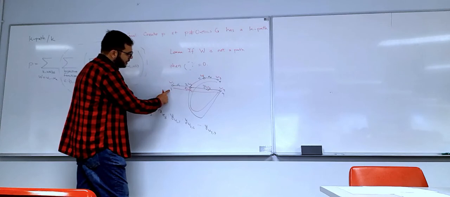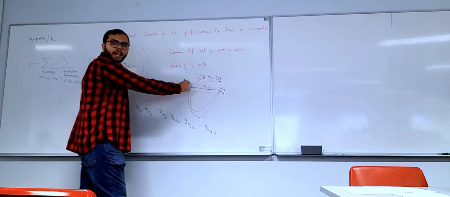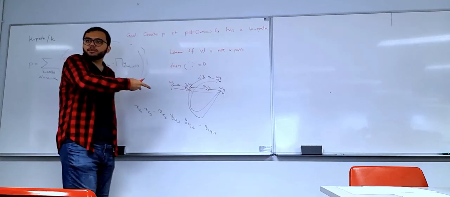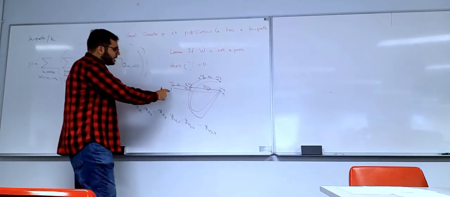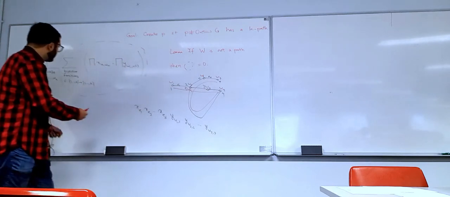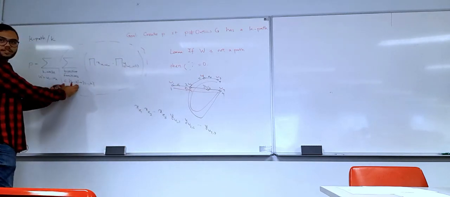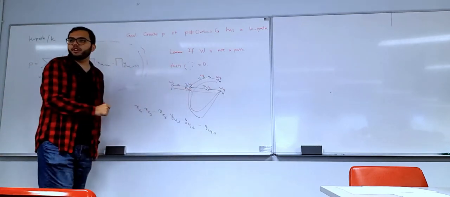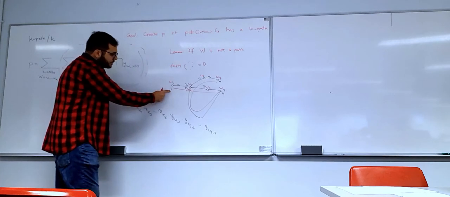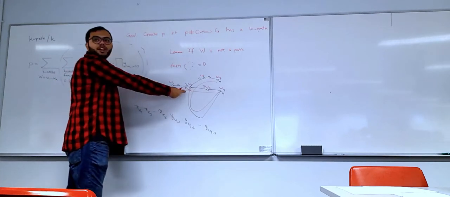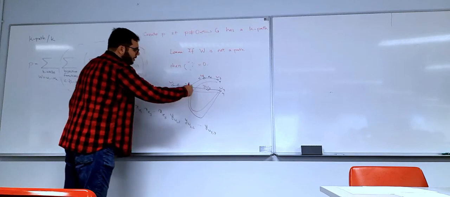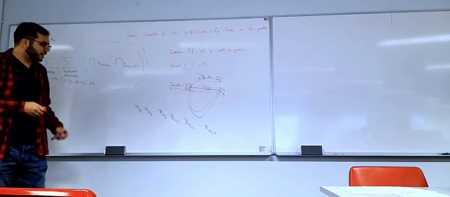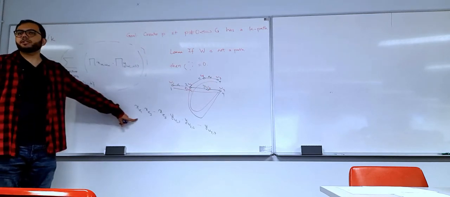I was giving color 1 here, then I was giving color 2 here. And then the next time that I was coming back, I was giving color 5. So I can just swap the ordering of the colors. I can take the same walk, but a different coloring function. And the only thing that it does is that it swaps 2 and 5. So I start here, I give this one color 1. I go here, I give it color 5 this time. And then I go all the way, and when I come back, I give color 2 the second time. Right? That's going to give me exactly the same monomial.